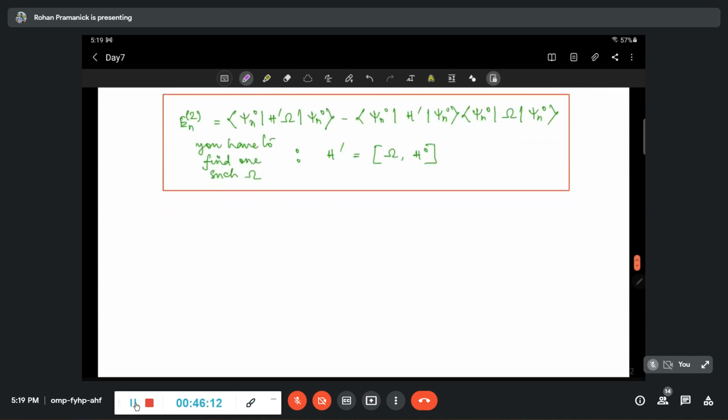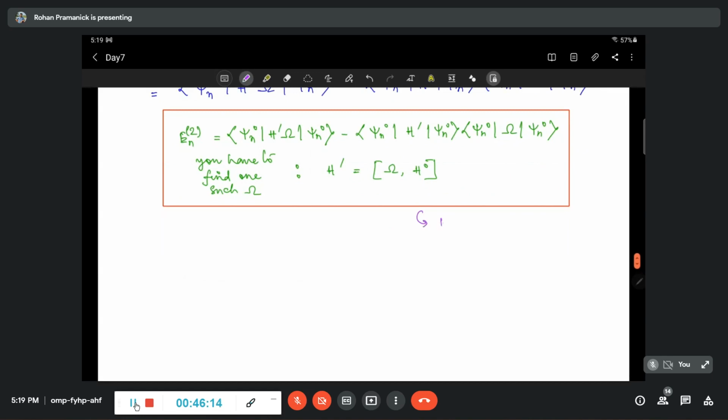So let's write it once more. Dalgarno-Lewis method, which reduces an infinite sum to a compact expression.